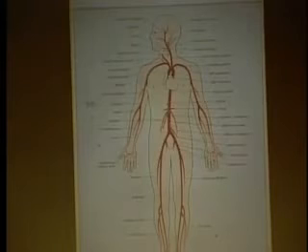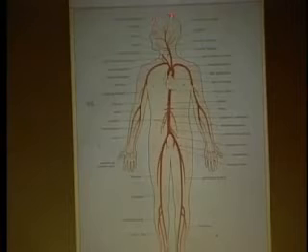Now, if the middle cerebral is supplying all of this, what was supplying the outer rim here? The anterior cerebral. So the question is, does the anterior cerebral supply Broca's area or does the middle cerebral? The middle, sure.